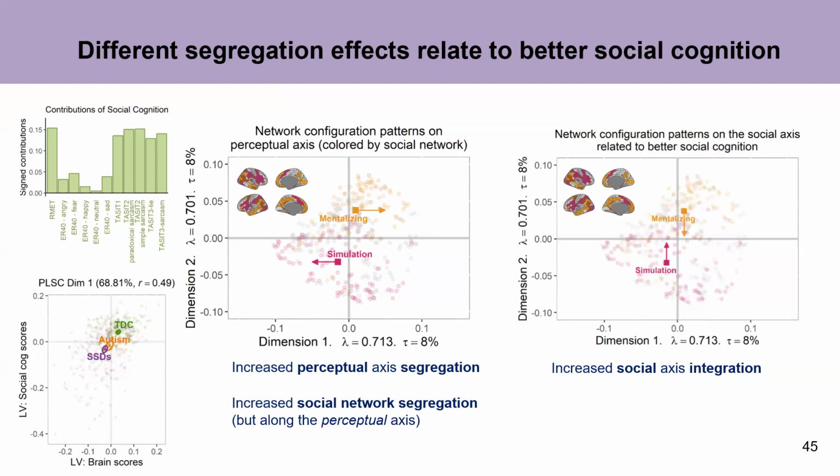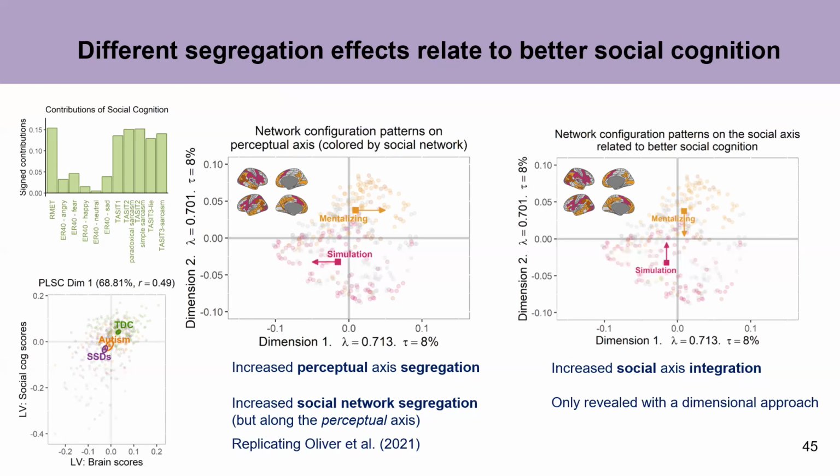But because it's on the perceptual axis, when it's moving like that, it looks like they're moving away from each other, but they're actually not, right? Because they're moving in parallel to each other. As opposed to on the social axis, where they are actually moving towards each other. But this is the pattern we found in our previous univariate analysis.